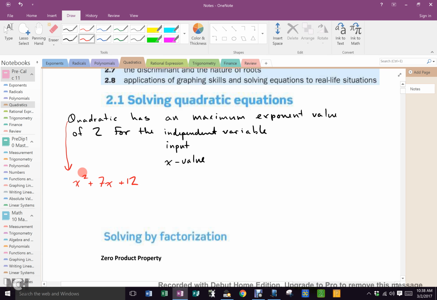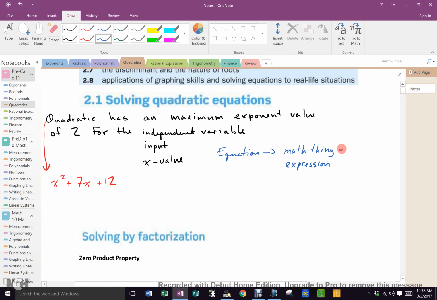Now, you guys are smart kids. We are working with quadratic equations, aren't we? What is an equation? Right. An equation means I have a math thing, which is actually called an expression, that equals another math thing, which is another expression.